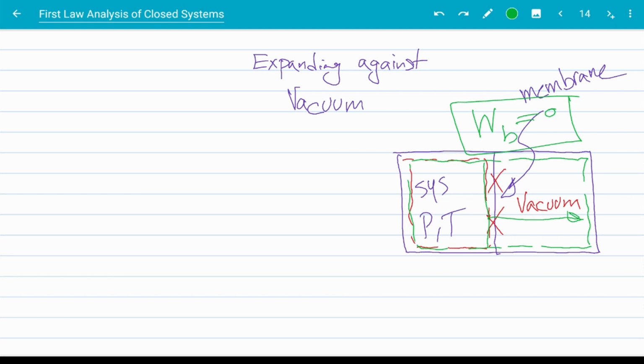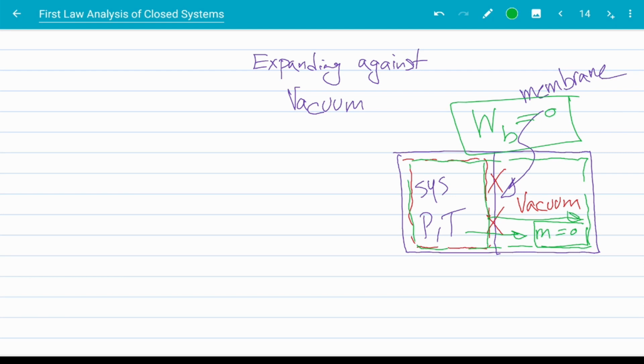But remember one of the points that I made a few pages back. Every energy interaction needs to happen between the system and the surroundings. When this membrane is removed, the gas starts to expand, but there is no work involved because there are no surroundings on the vacuum side. We don't have any mass here.